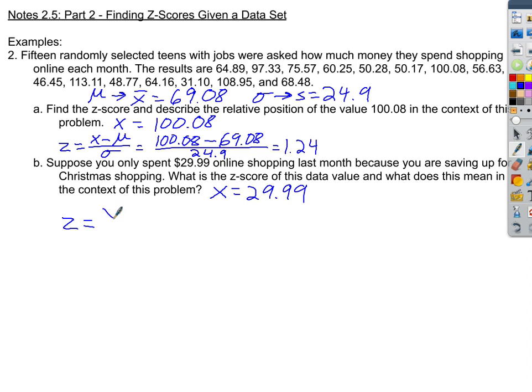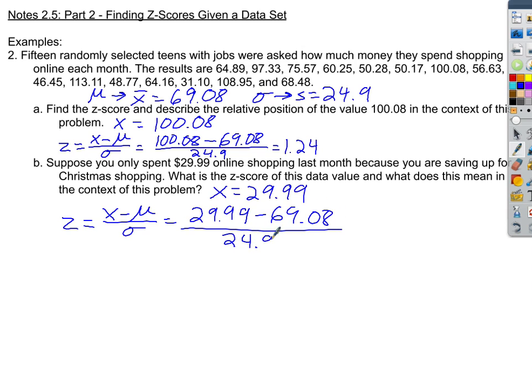Again, going to our z-score and substituting the values in, we end up with 29.99 minus 69.08 divided by 24.9. So the z-score of your amount spent is negative 1.57.